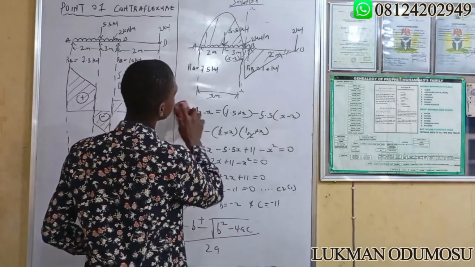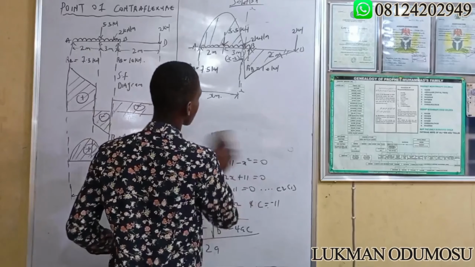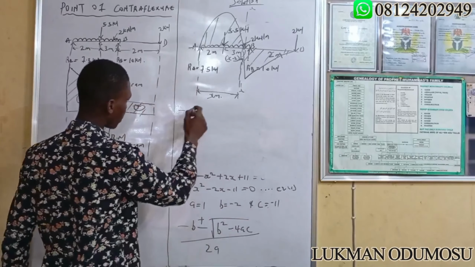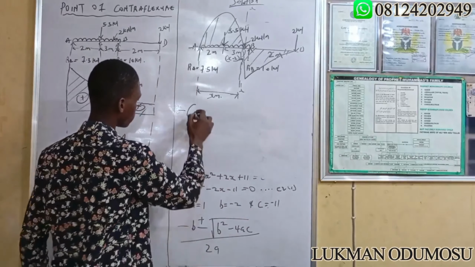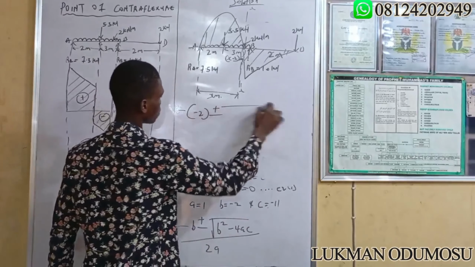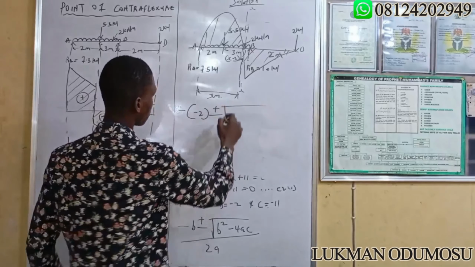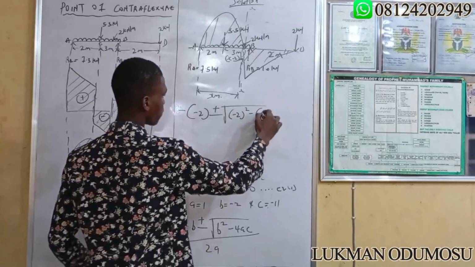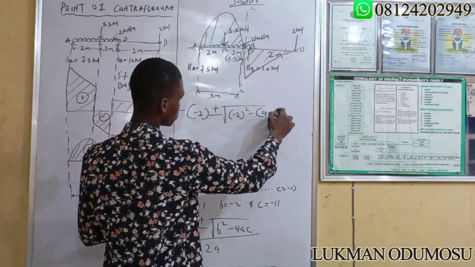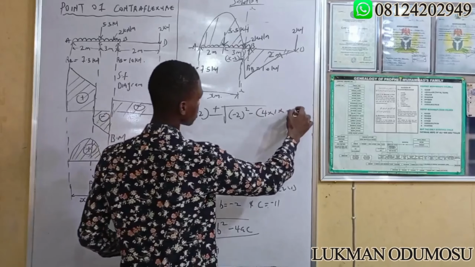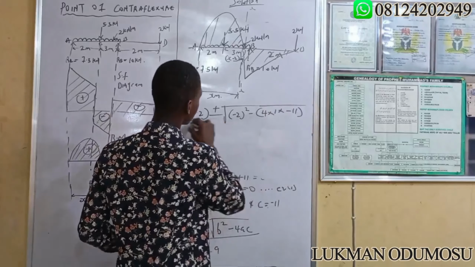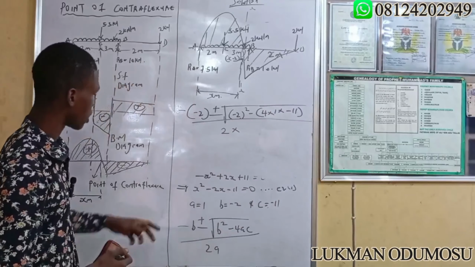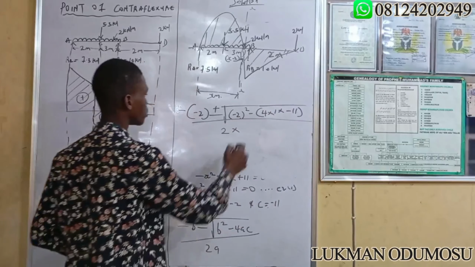Okay, let me do that here. From here, I have minus open bracket, the value of b is minus 2, plus or minus square root of minus 2 squared minus open bracket 4 times a, which is 1, times c, which is minus 11, divided by 2 times 1.